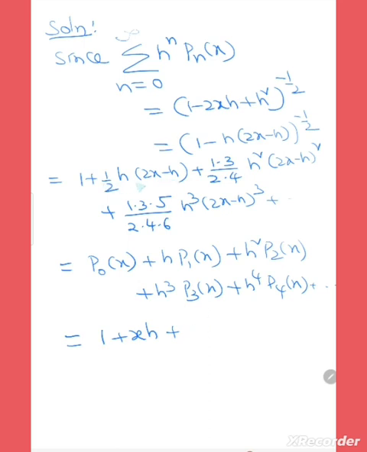here we get minus h square by 2, and here we get 2x times 1 into 3 into 2 into 4.